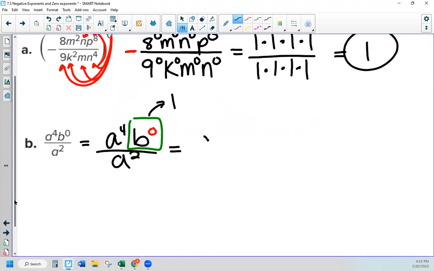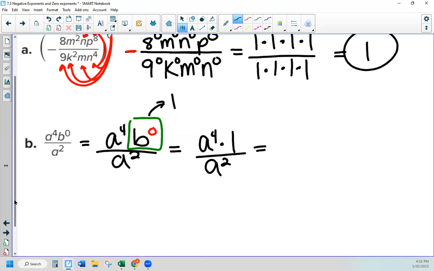So what we pretty much have is a to the 4th times 1, which, since these are example problems, we can just cross out. They just go away. We don't really care about a multiplication by 1. And then, don't forget, we have the quotient rule of exponents. We have 4 a's on the top, 2 a's on the bottom.